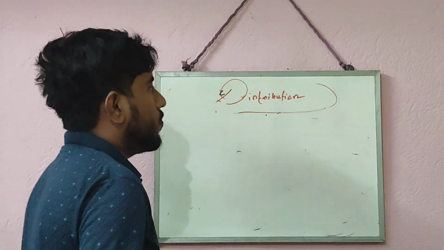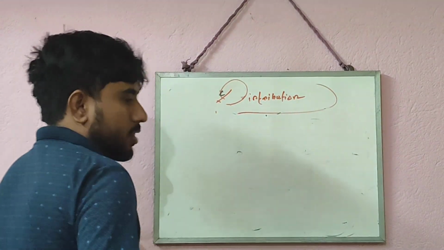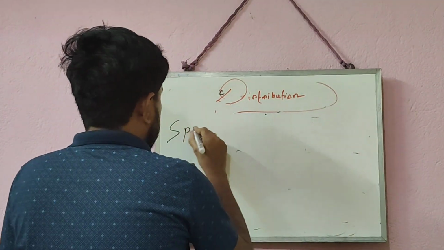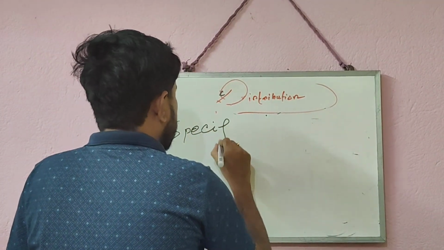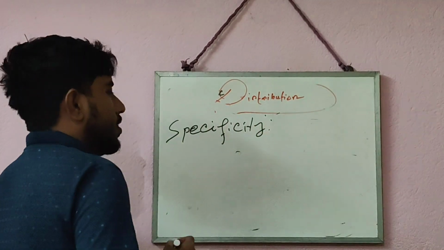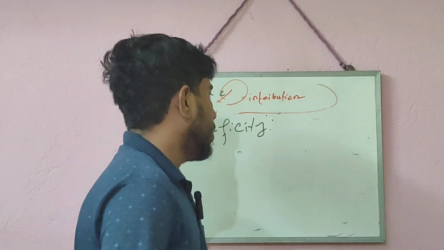The last and final factor which is going to affect distribution is specificity. Specificity is not a factor as such, it is like a preference or an affinity.